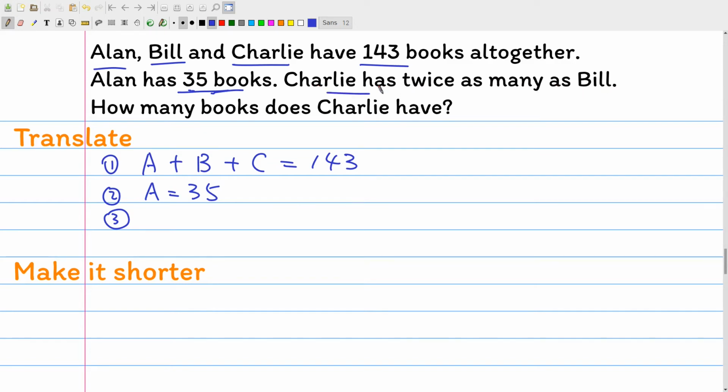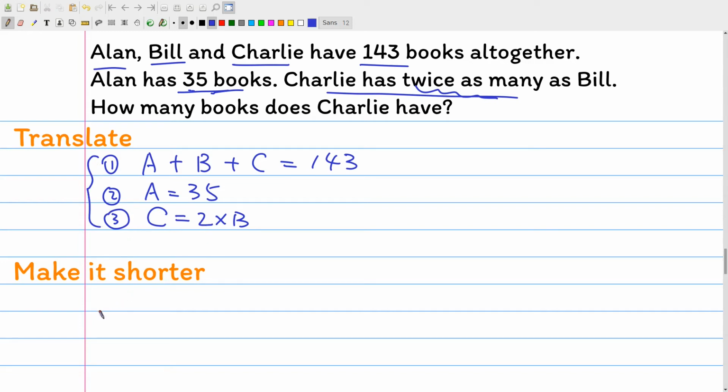How do we translate this? It's a relationship. It means C equals twice as many as. Twice as many means 2 times B. Done. The last sentence is the question, so we don't need to translate it. 1, 2, 3. Our translation part is done.